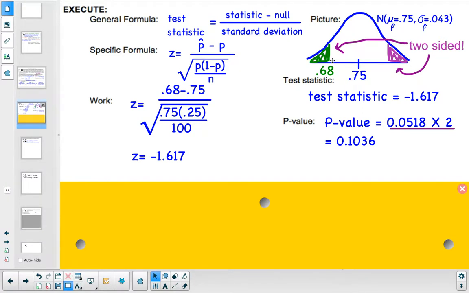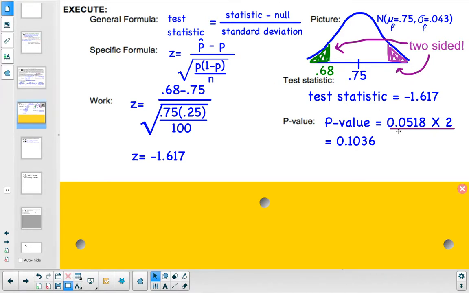So as far as calculating the p-value, we want to find the probability of getting a value that's 1.61 standard deviations below the mean or above the mean, if anything was extreme on either side. So if you calculate this green little probability here, what's the probability that I would get a value 0.68 or less?